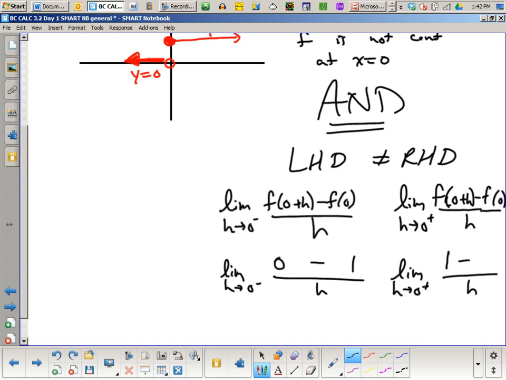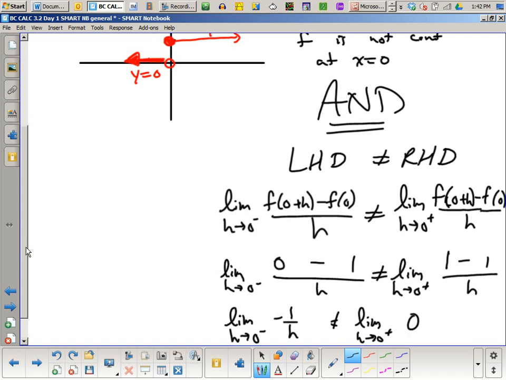Well, what's f of 0? You can tell from the picture. 1. Okay, so I was trying to show that these were not equal, and I did, because this comes out to the limit from the left of negative 1 over h, and this comes out to the limit from the right of 0.